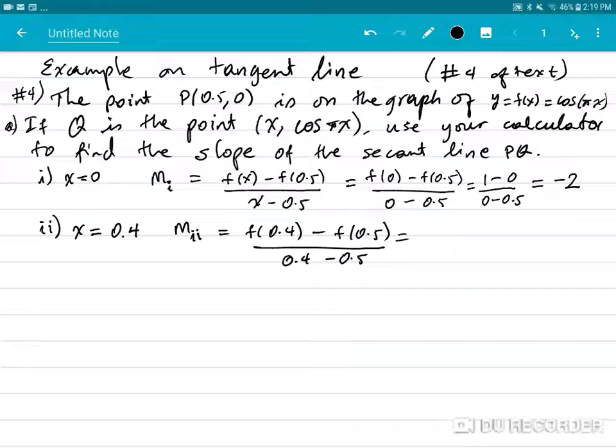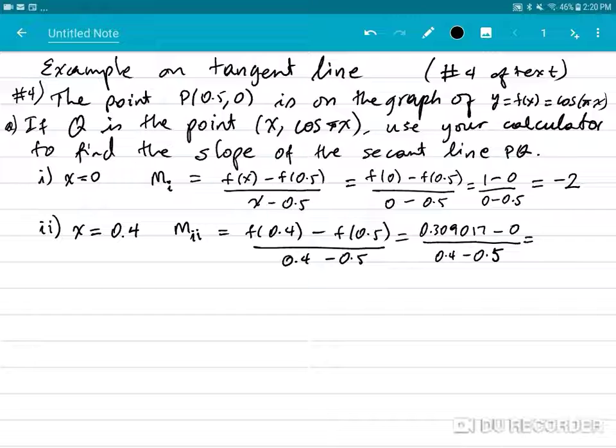The y value for 0.4 is 0.309017. It says 6 decimal places in the problem, that's why I go to 6 decimal places, divided by 0.4 minus 0.5. So the bottom is minus 0.1.